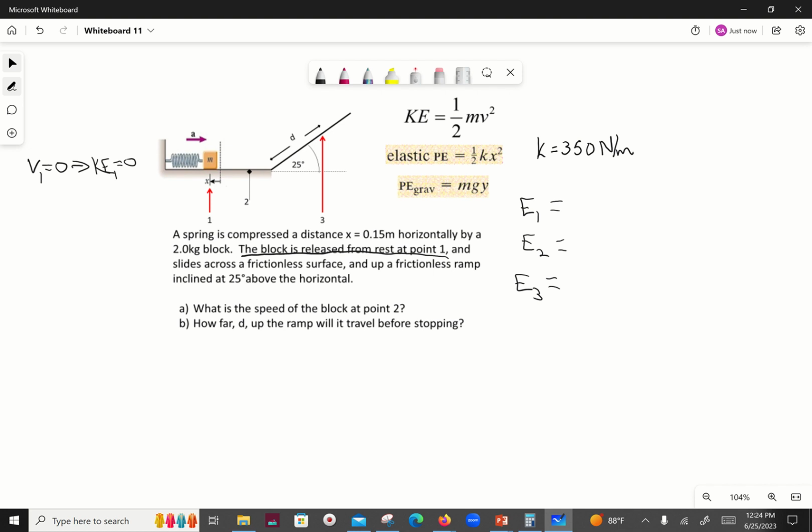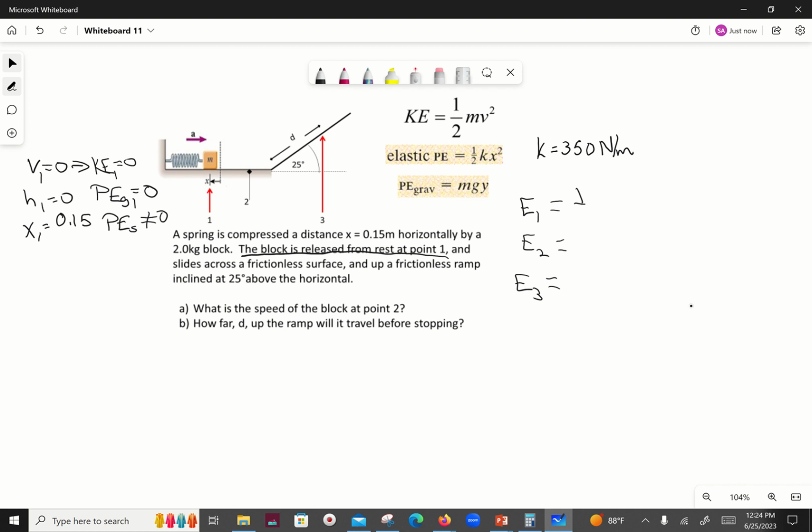Okay, does it have a gravitational energy? Well, the height at point 1 is 0. So there's not going to be any gravitational energy. The only kind of energy I'm going to have here is elastic energy. I've got an x of 0.15 meters, so I'm going to have an elastic energy at that point. So what am I going to have?